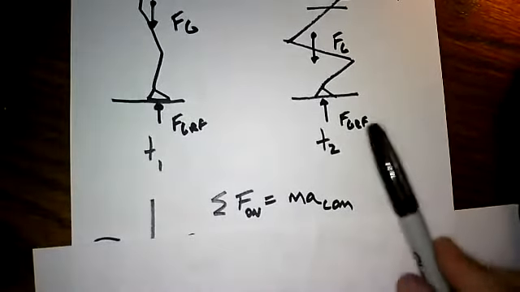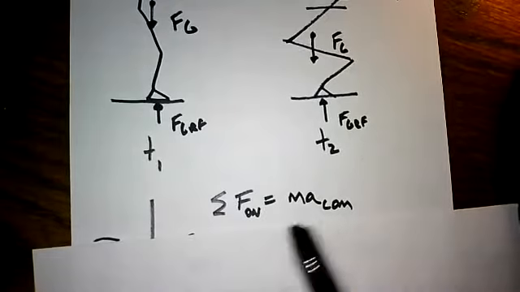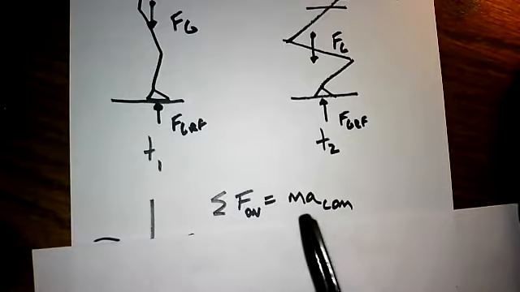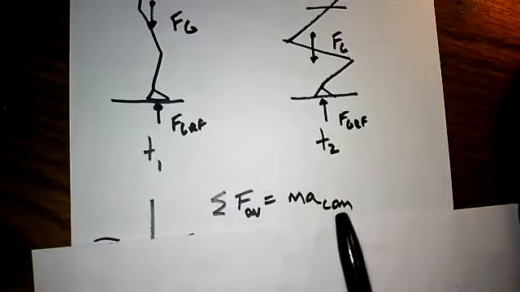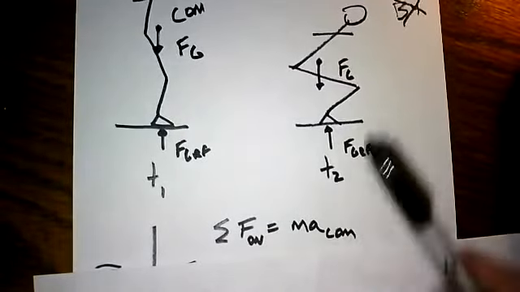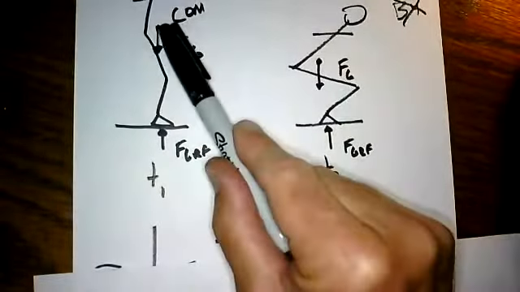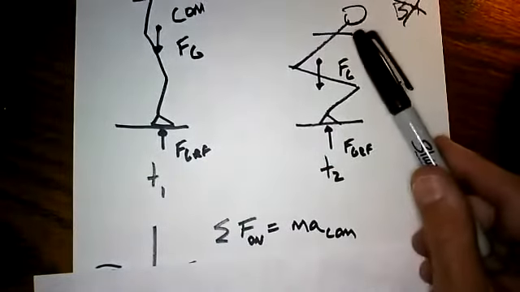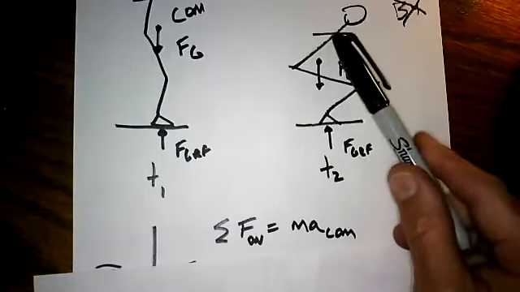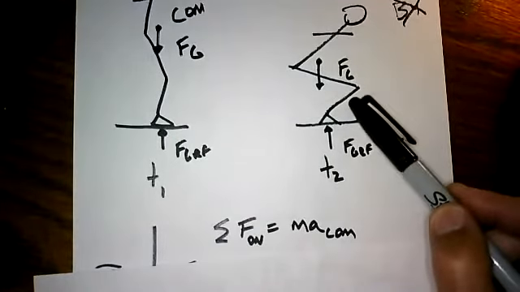We take these forces acting on the object and we put them into this equation, and we get the product of the mass of the person, a measure of an object's inertia, times the acceleration of the center of mass of the person. So really I need to just think about what's happening to the center of mass of the person during this movement. I'm not looking at specifically how the arms are moving, how the trunk is moving, how any segment is moving.